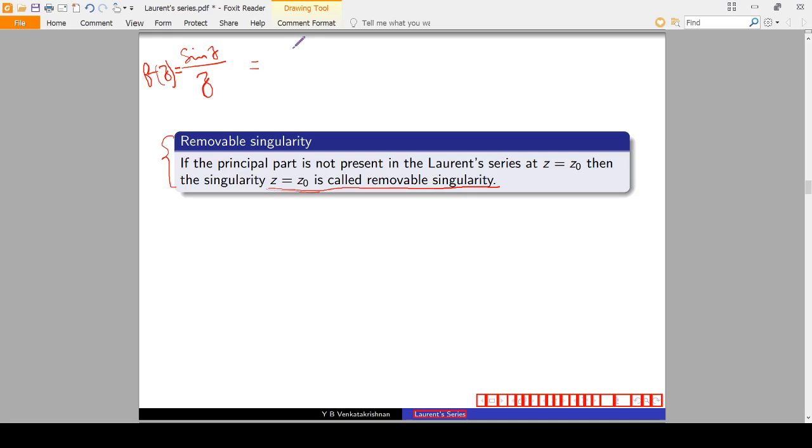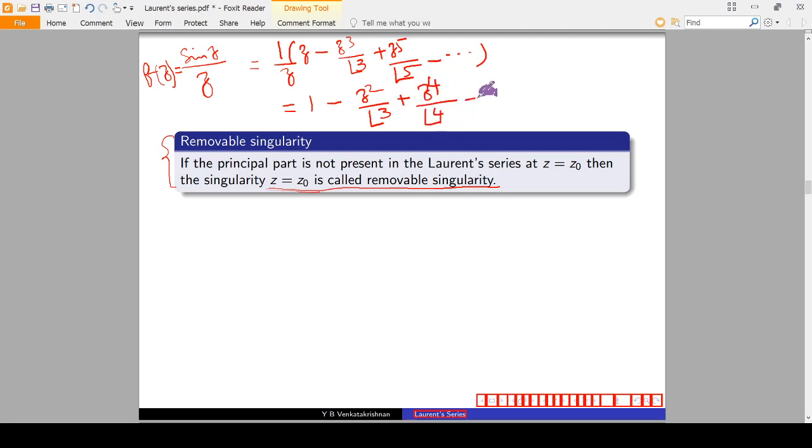But now what I can do is, I can expand sin z, z minus z cube by factorial 3 plus z power 5 by factorial 5 minus so on. And I have to multiply this with 1 by z. Now when I do it, I will have 1 minus z squared by factorial 3 plus z power 4 by factorial 5 minus so on.